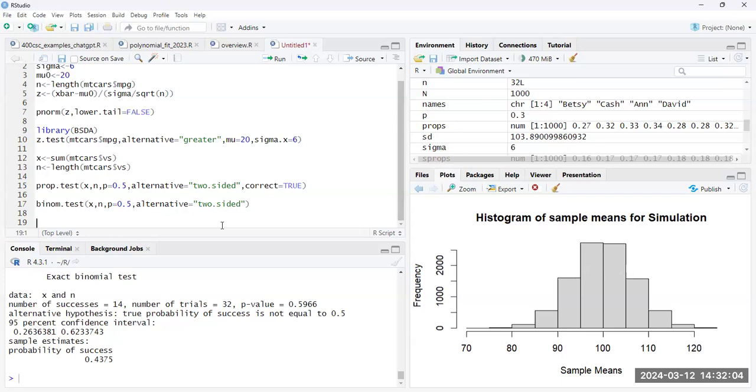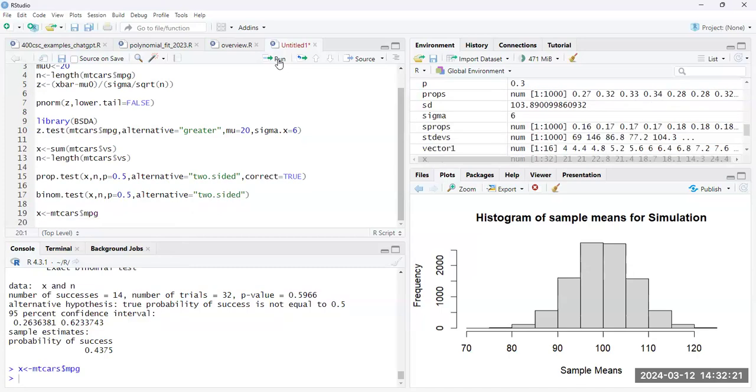Now, to do the t-test for means, again, we're going to do this test on the mtcars data set. I'm just going to specify x as my mtcars mpg for this example. And then I'm going to run my t.test function, x, mu is the null hypothesis mean.